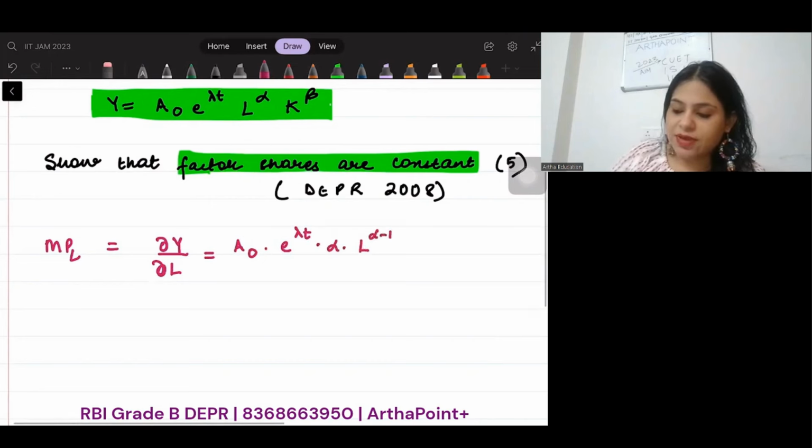So it is A naught into e to the power lambda t into L to the power alpha into K to the power beta into alpha upon L. This is also clear to you.